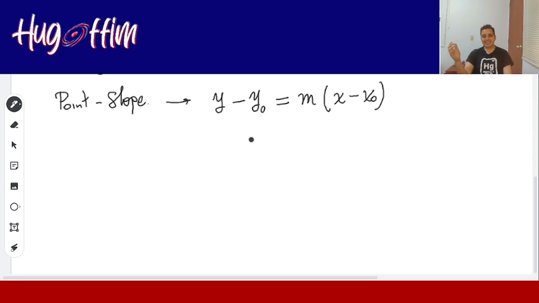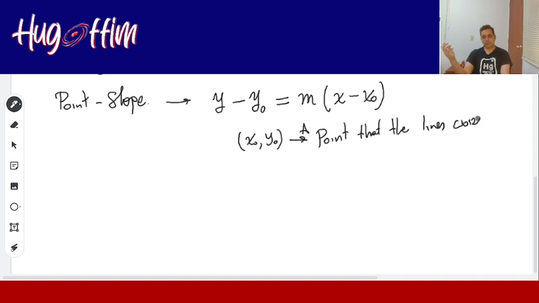But what do x0 and y0 mean? x0 and y0 is just a point that the line crosses. Okay, the line crosses this point. This is very important in this case. It's clear that your line crosses the point x0, y0. This is what you need to bear in mind, that the line crosses this point and you have this slope.